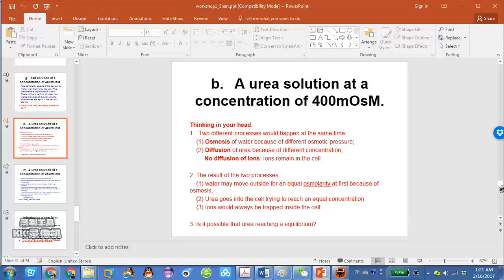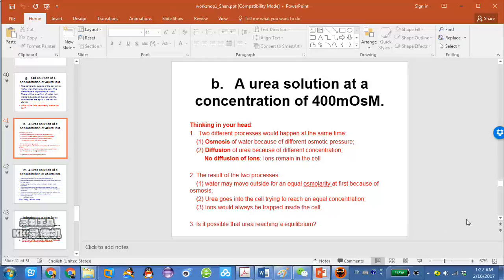Eventually, the inside and outside will reach the same concentration of urea. At equilibrium, the urea will have the same concentration inside and outside of the cell.